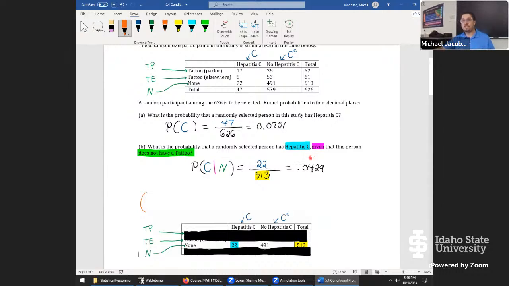If I were to interpret this, I would say, first, let's go to the given information. Among all participants in the study with no tattoos, so we said the given statement first.